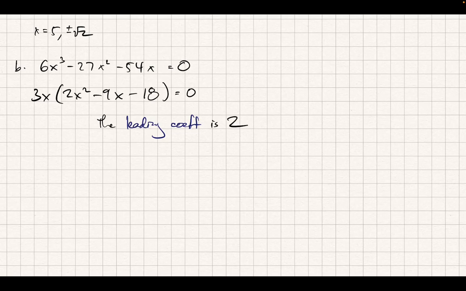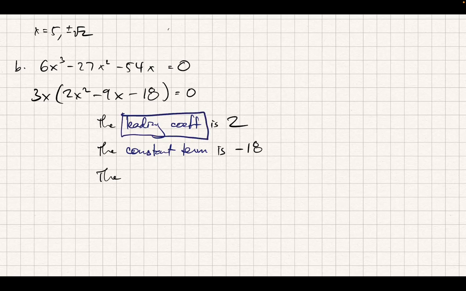2. What do we call minus 18? The constant term is minus 18. What's the third thing we need to find? This is why I want this in your notes. Step 1, find the leading coefficient.